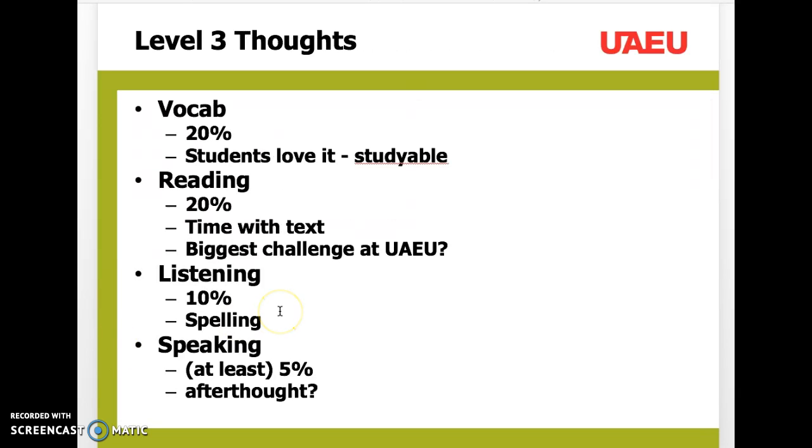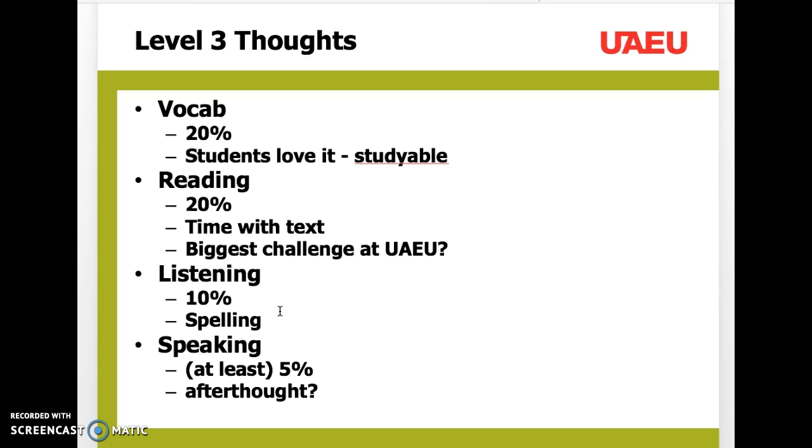And then just some thoughts that we've learned after teaching this for a little while. Vocab is worth 20% of the integrated skills course, and students love it because it's studyable. It's concrete. They can sit down and run through the flashcards. Because you can see tangible benefits and progress, there's a tendency to focus on vocab, and it is generally the part of the course that students are strongest with.